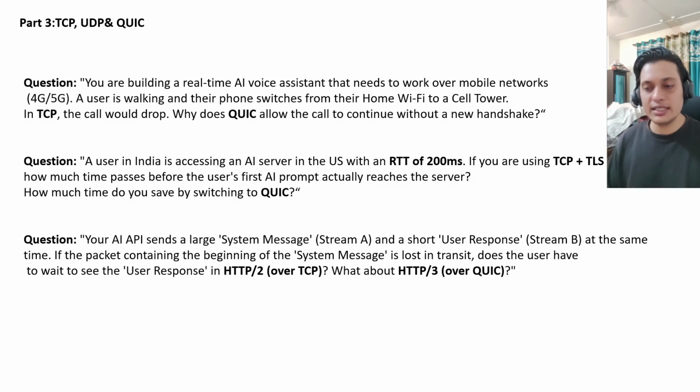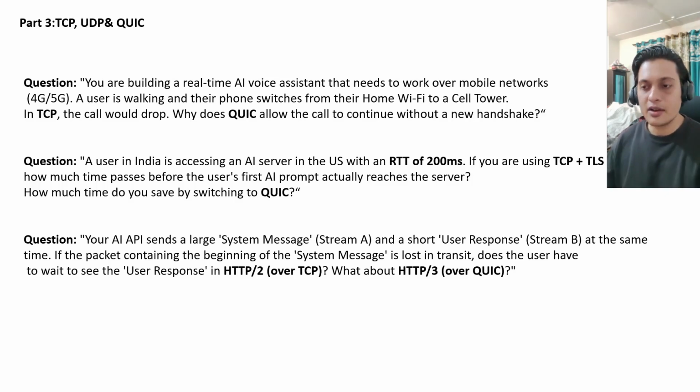But for QUIC, there are multiple streams running in parallel. So stream B will be completed, and stream A will send the packet again after getting the acknowledgement and offset data, and based on that it will complete the request too.